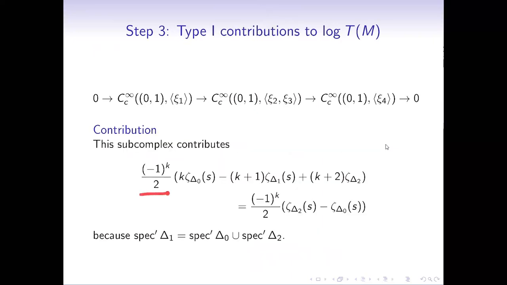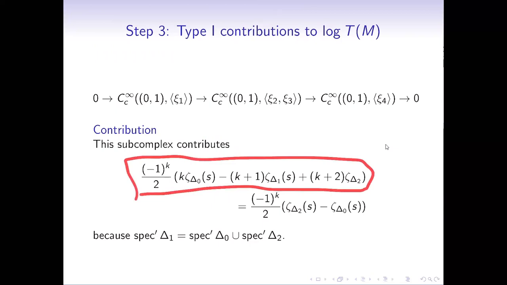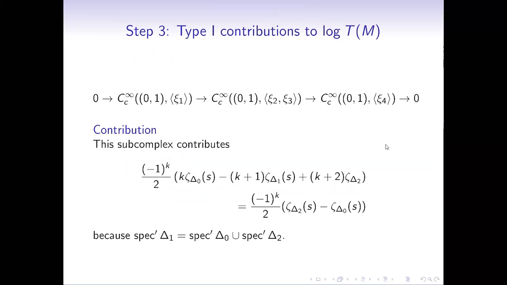So this here is the term that comes from this subcomplex, and this is where this cancellation of the middle Laplacian happens. So we get k times the 0 component, k plus 1 times the 1 component, and k plus 2 times this component.